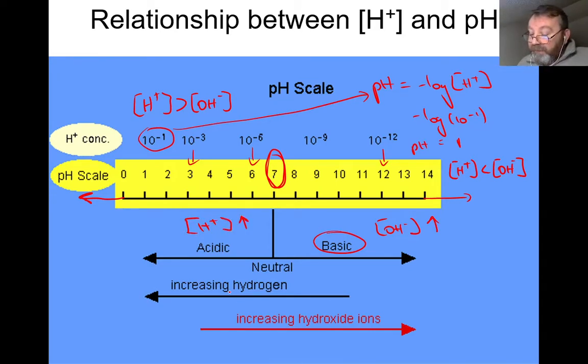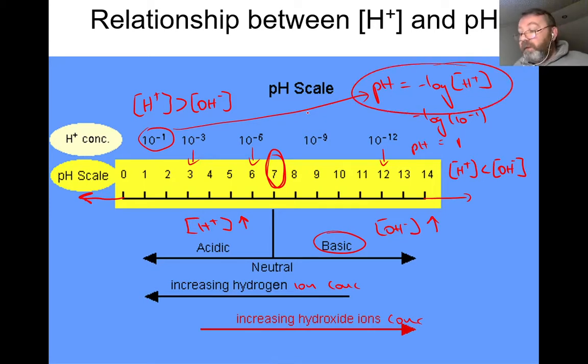That's what it says here in terms of increasing hydrogen ion concentration, and down here increasing hydroxide ion concentration. So if you're producing more H plus and less OH minus, you're on the acid side. If you're producing more OH minus and less H plus, you're on the basic side. And they're all linked together by that formula up there: pH is minus the log of the hydrogen ion concentration.